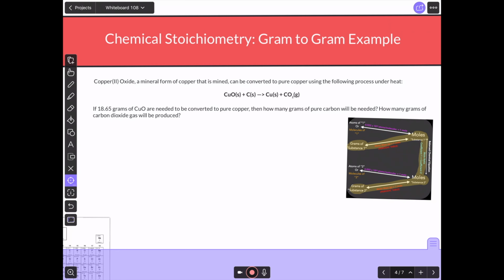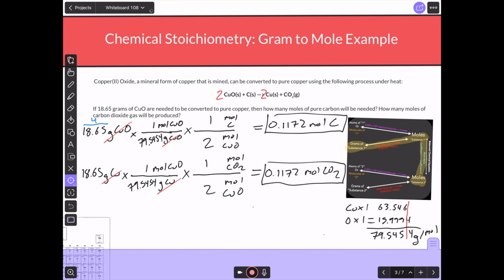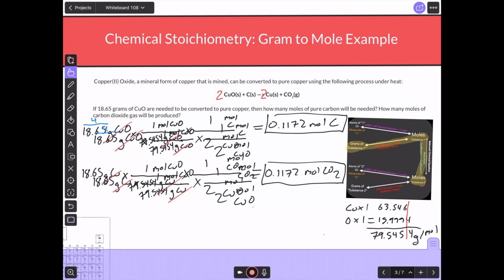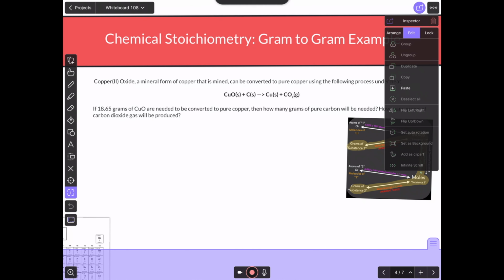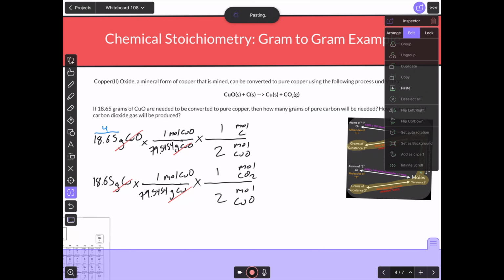So we can just go back and take what we've got from these steps, because it's the same here. Work smart, not hard. Copy, paste, paste. All right.